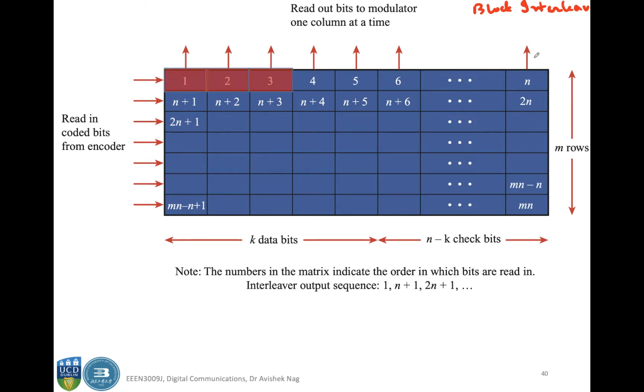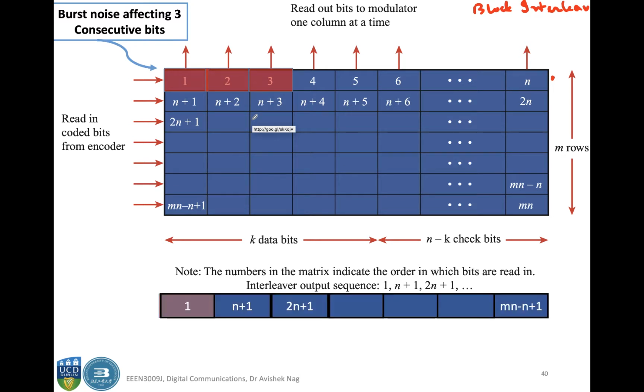Let's say you have a burst of error which affects the first 3 bits of this first block. This is a block with n bits, where k data bits and n minus k check bits are there. So the first 3 bits are affected by the burst error, as I was saying in the previous slide. So, burst noise affecting 3 consecutive bits.